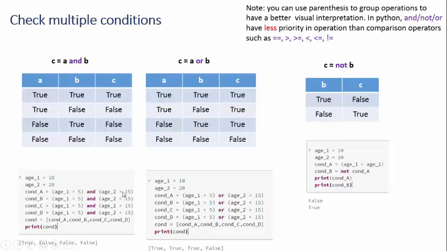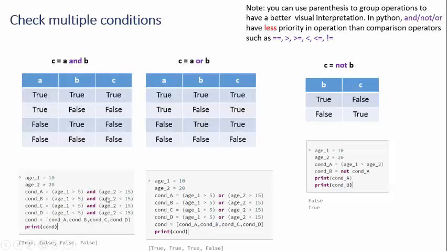And based on Python's rule, AND, NOT, OR have lower priority in operation than comparison operators. So in theory, you do not need to put parentheses around each condition, and it's going to run just fine.